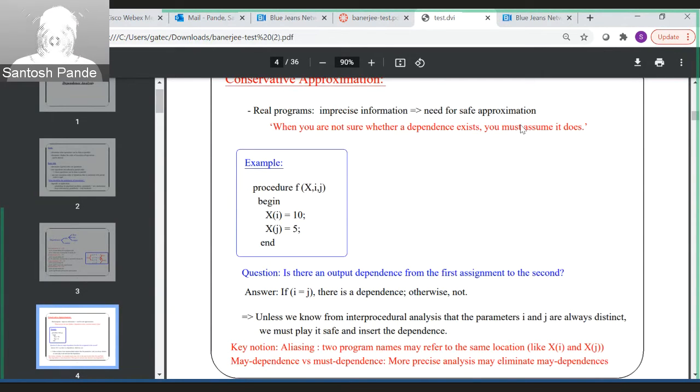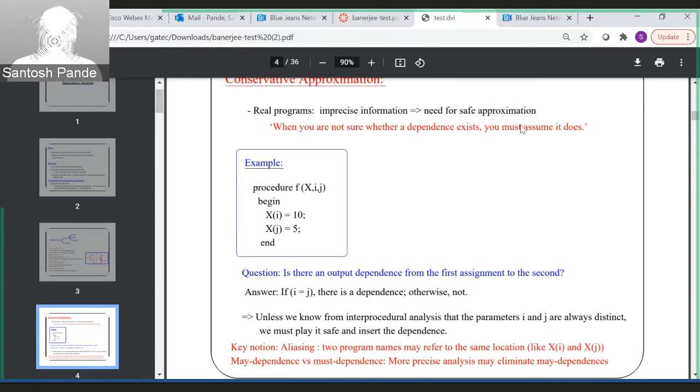If we do some very rigorous analysis and we are able to somehow prove interprocedurally that i and j are always distinct, for any invocation of this f, then we can rule that there is no dependence.